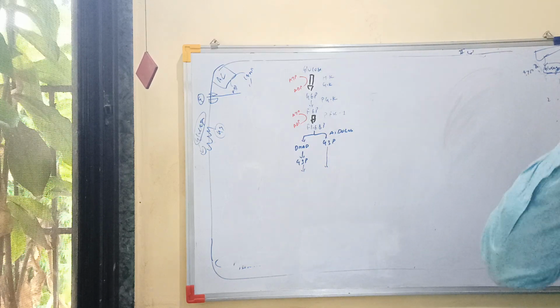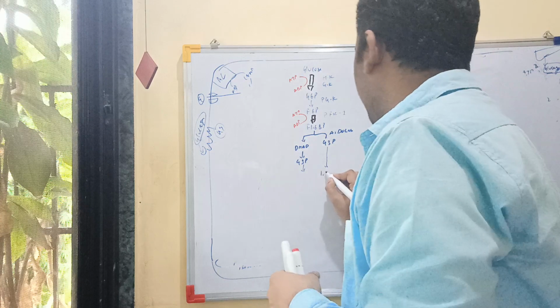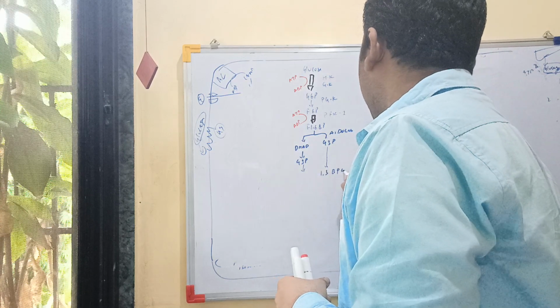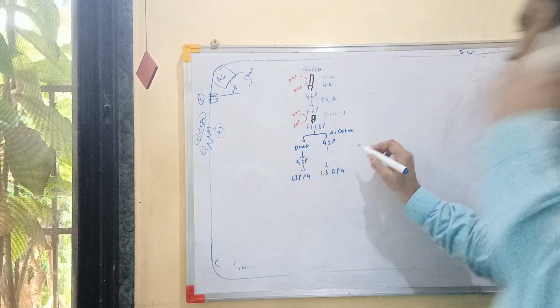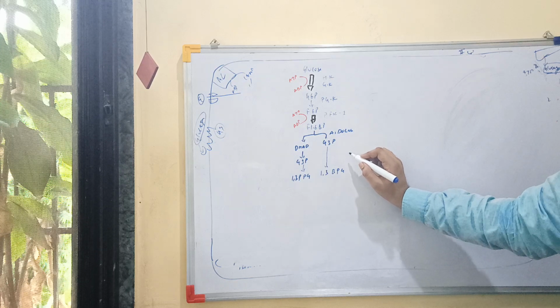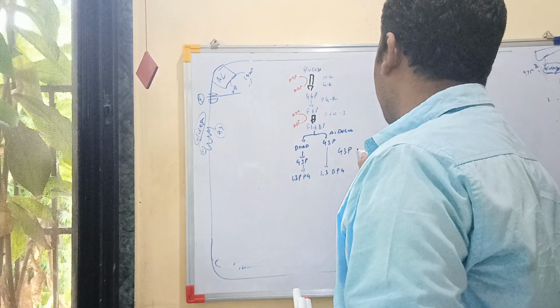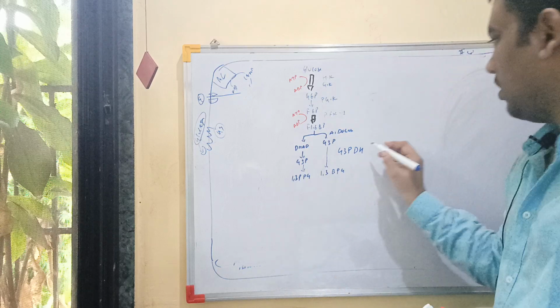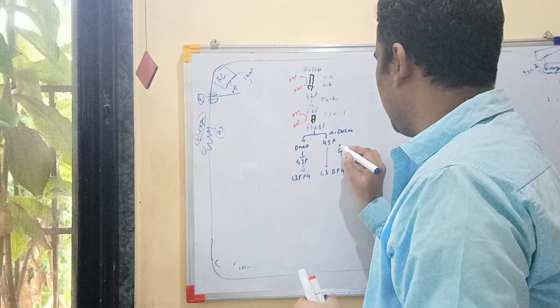Now this glyceraldehyde 3-phosphate will be converted into 1,3-bisphosphoglycerate, and the enzyme here, which works very well, is glyceraldehyde 3-phosphate dehydrogenase.